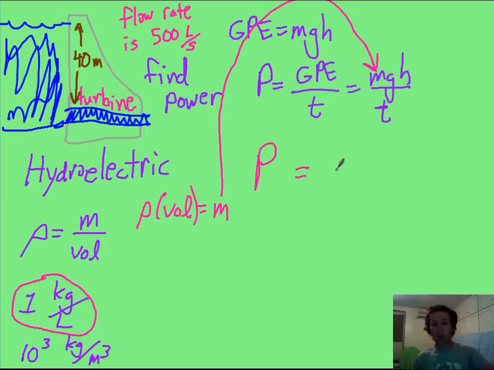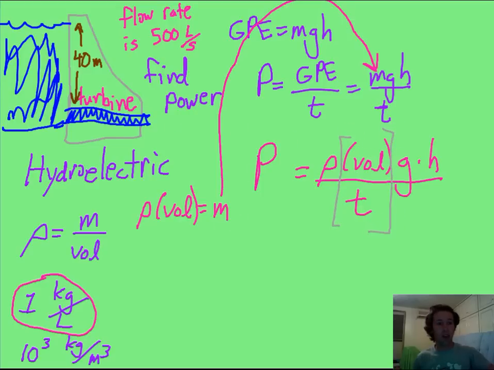And so power is going to equal the density times the volume times g times h over t. Now, check this out. We've got a volume over time, and that, my friends, unbelievably, is our volume flow rate. And now it's just a matter of plugging in.